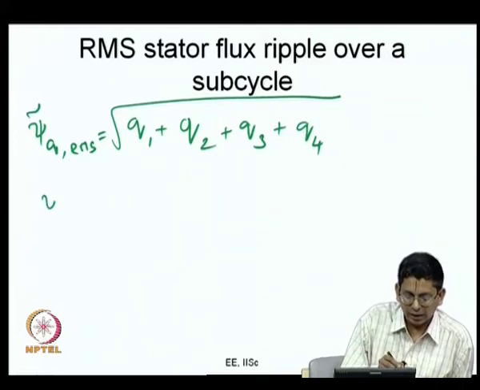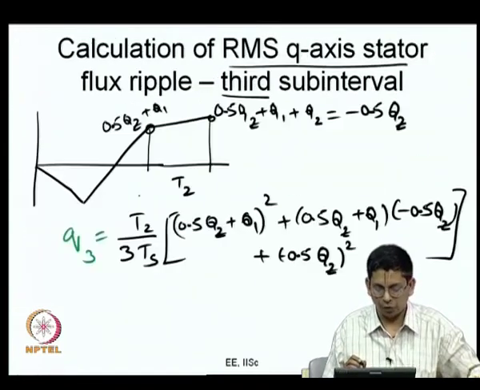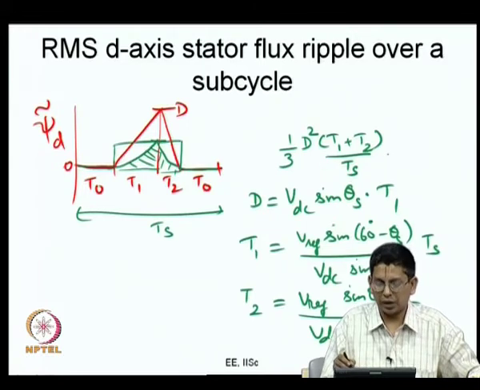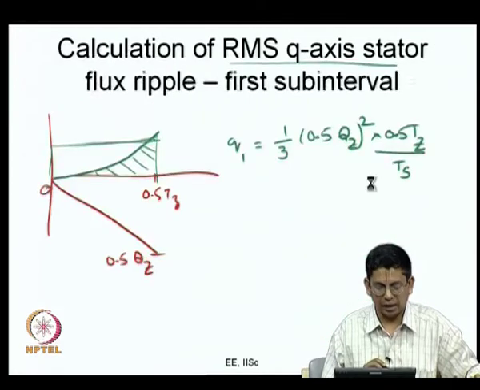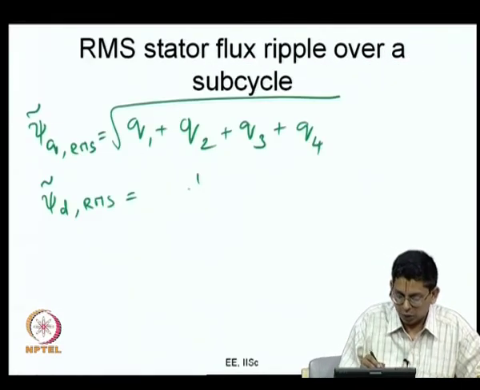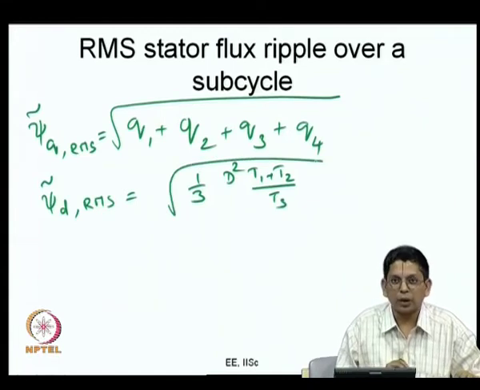The psi d tilde RMS is something which we got even earlier, that was more or less a straight thing that we had found before, which is basically 1/3 of d squared T1 plus T2 by Ts. So, this is my psi d tilde RMS, as we calculated before, the whole thing under square root now.